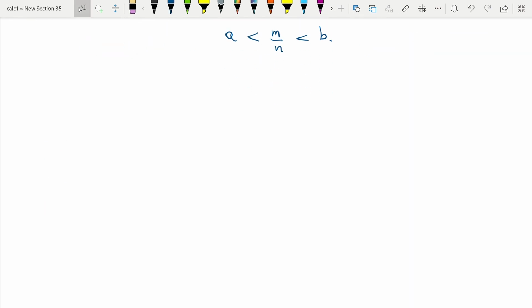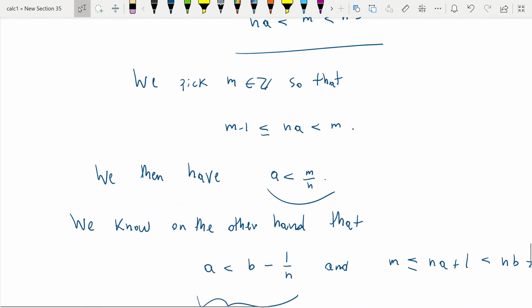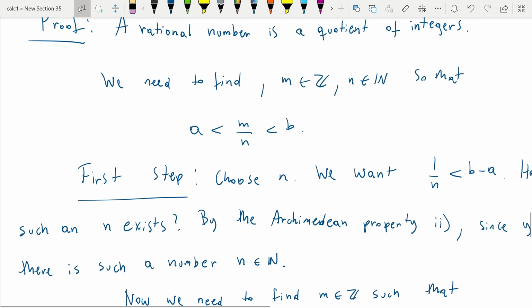Okay, so that's a proof of why Q is dense in R. And in fact, it is given to you as a corollary. So this statement is about the rational numbers. So rational numbers are dense, which is kind of the hard part.